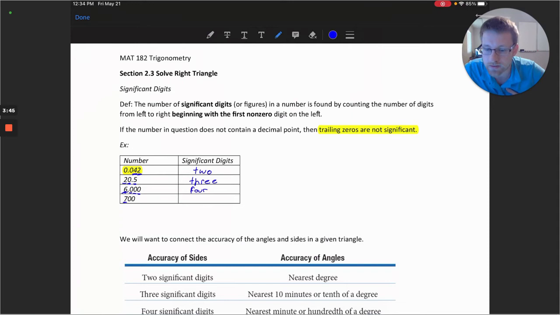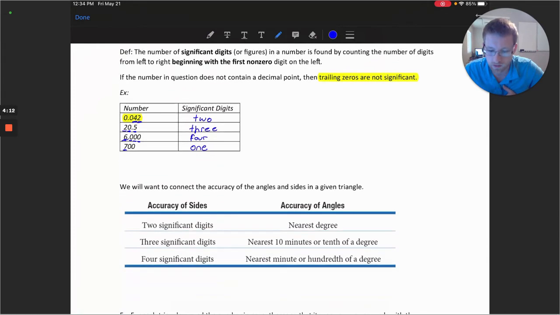The only significant digit is the 7. And so we'd have 1 significant figure for 700. So when we don't have that decimal point there, we're really rounding off here to the nearest 100. So we have 2, 3, 4, and then 1 significant figure or digit in those numbers.